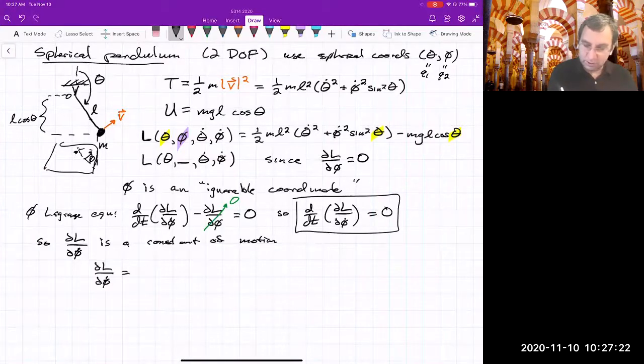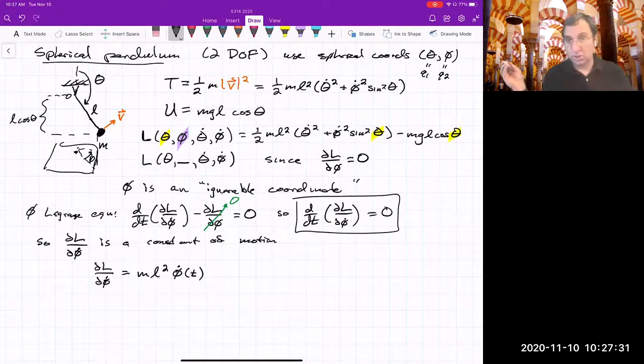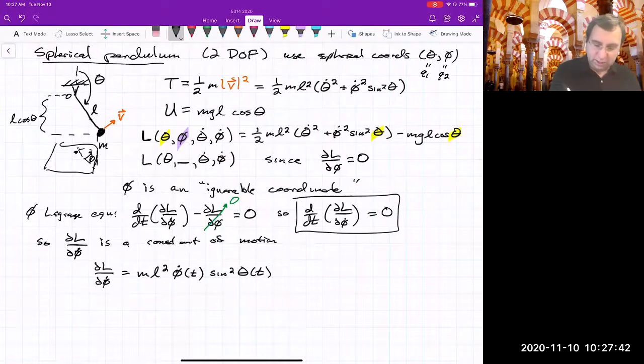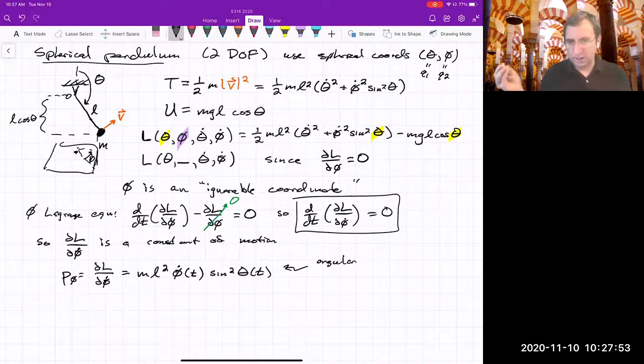From the Lagrangian here, it's equal to m L squared phi dot. And I'll just remind myself, phi dot could change in time, so phi dot is a function of time, times sine squared theta, which could also be changing in time. We call this p sub phi. We call this the angular momentum in the phi direction. And that is some clue as to why it's conserved.